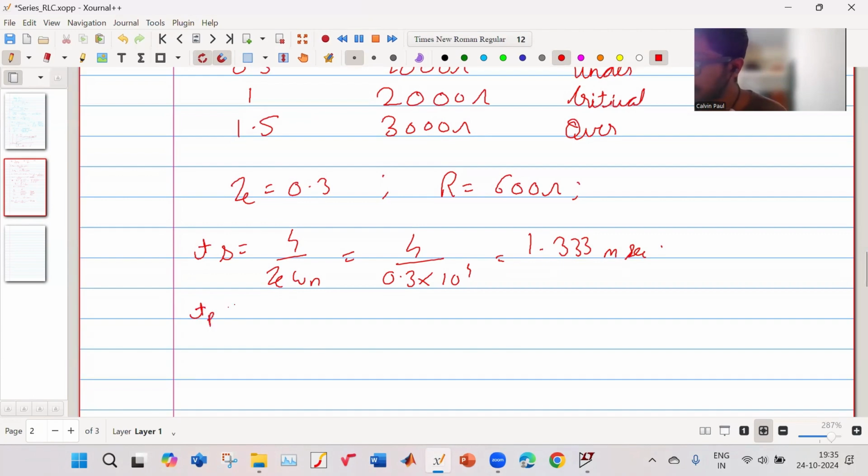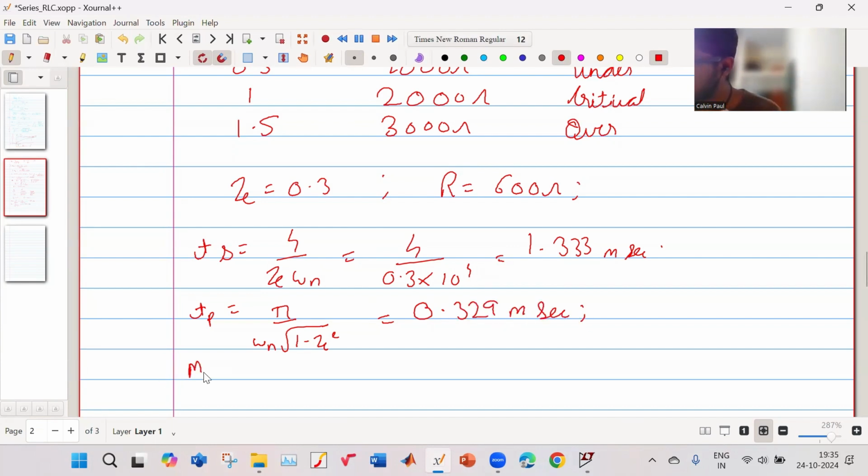My peak time is given by pi by omega n square root of 1 minus zeta square. So this comes out to be 0.329 millisecond.